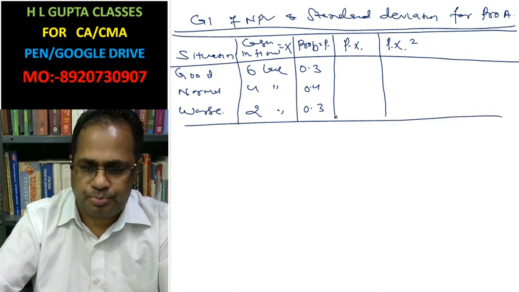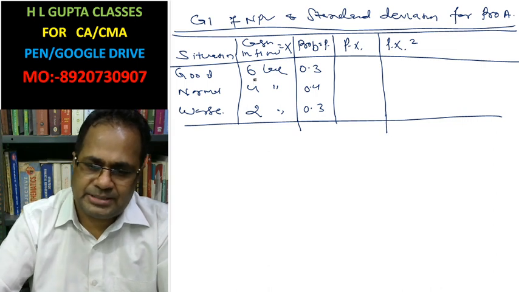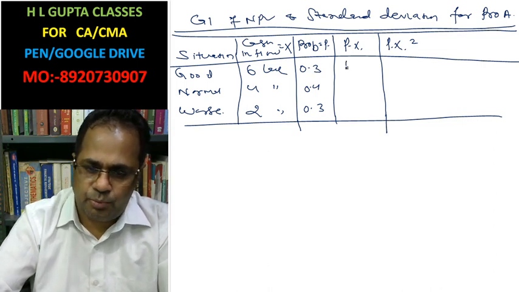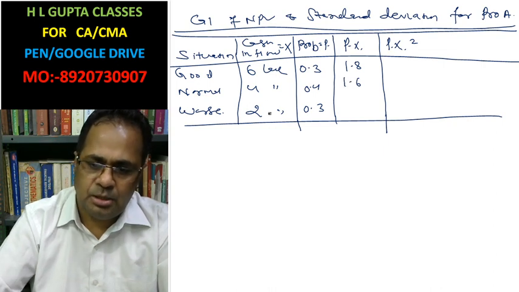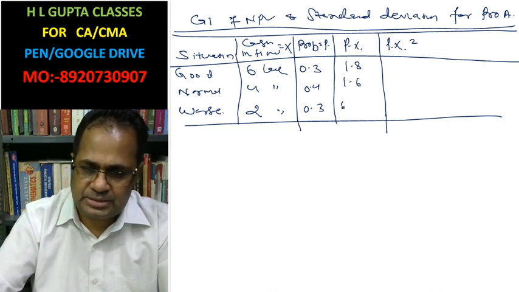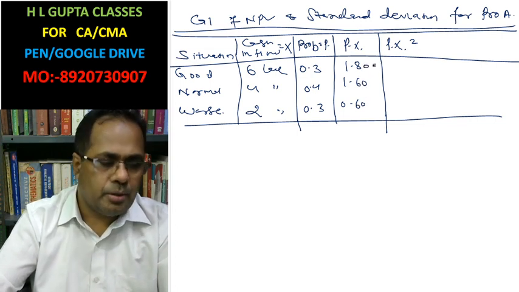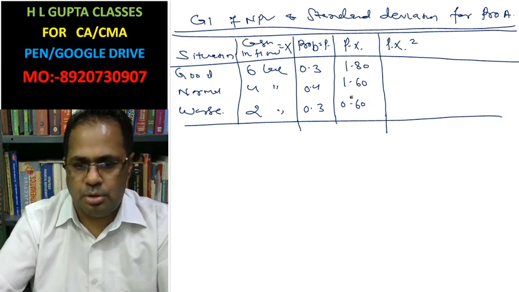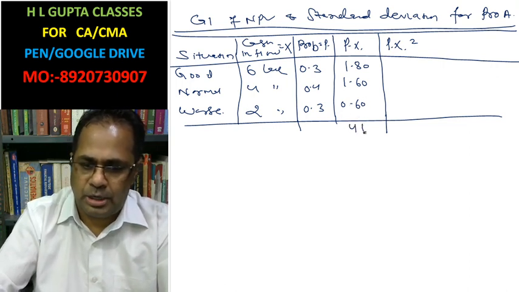Now P_iX_i: 6 multiplied by 0.3 is 1.8 lakh; 4 multiplied by 0.4 is 1.6 lakh; 2 multiplied by 0.3 is 0.6 lakh. The sum of P_iX_i is 4 lakh.